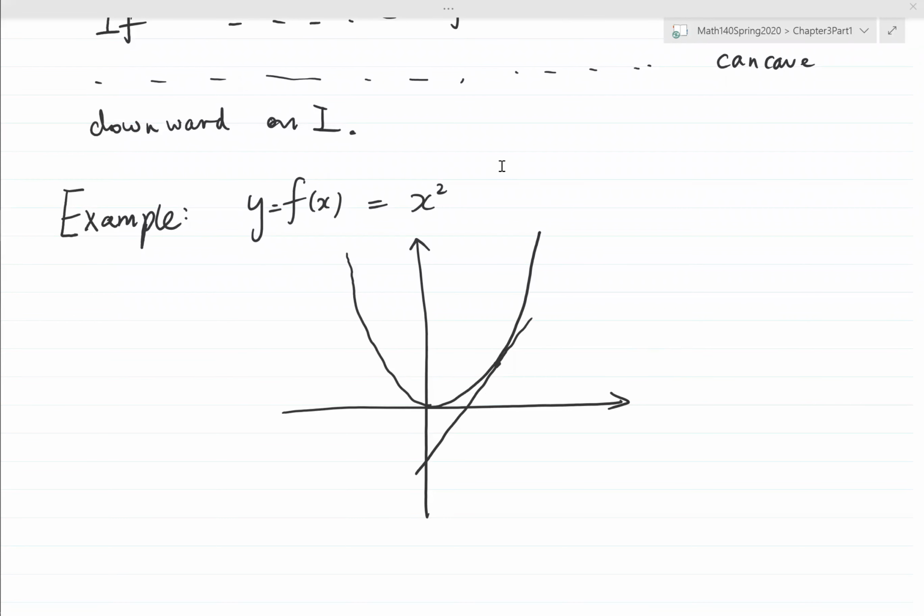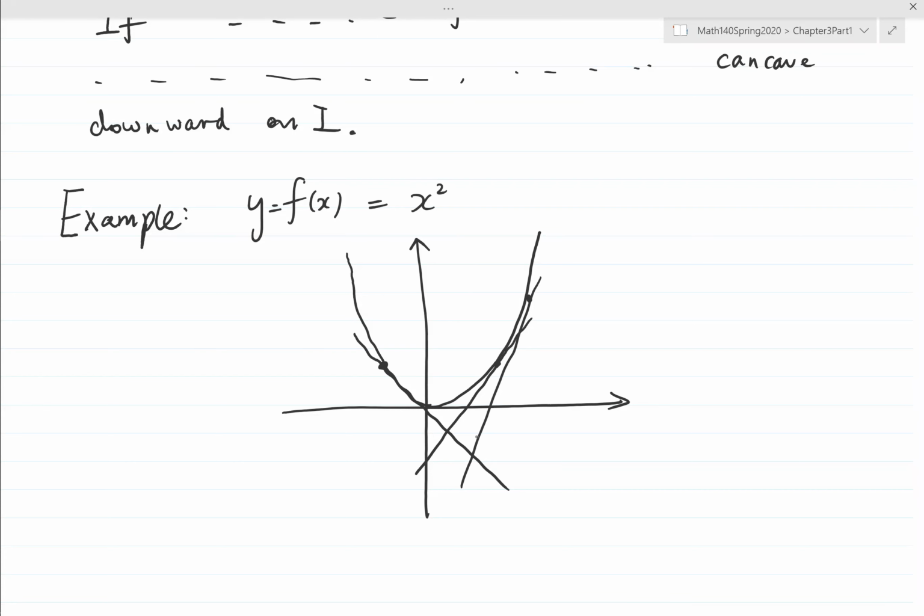At any point, if you plot the tangent line, it lies above its tangent line. So in this case, the graph is concave up.